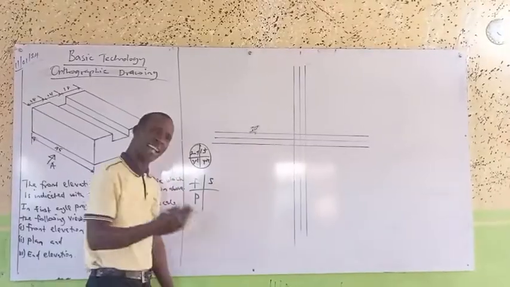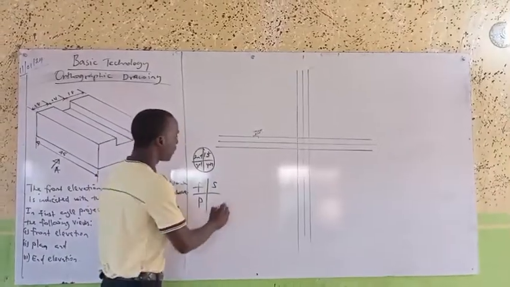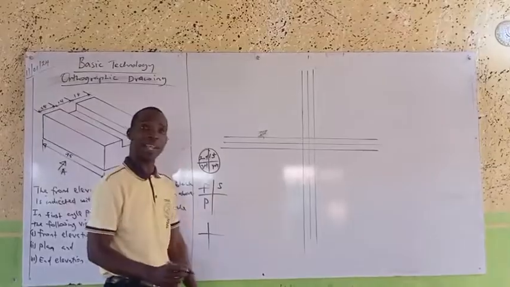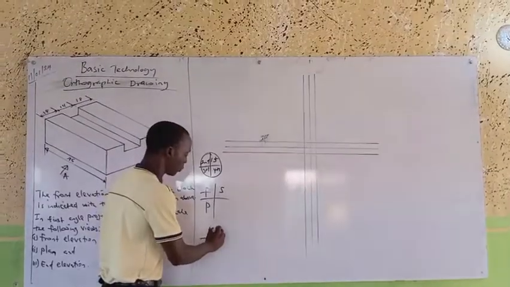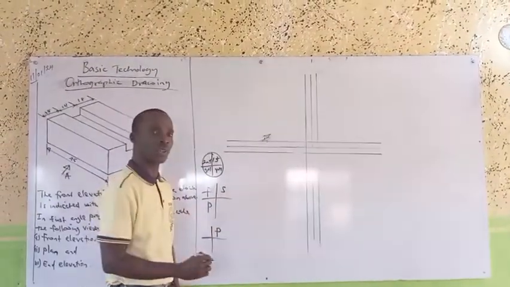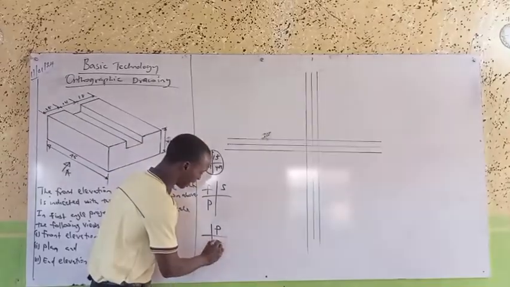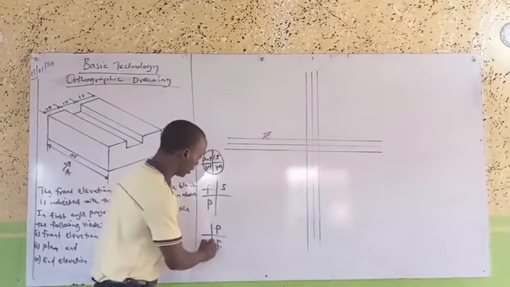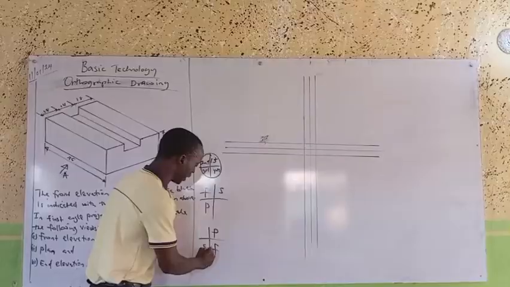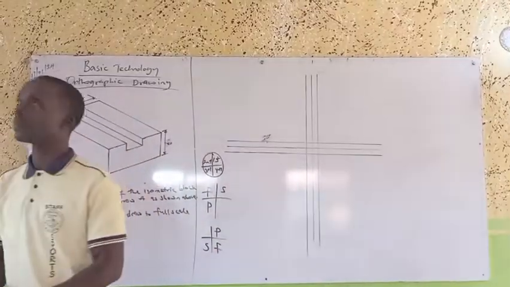Also, if it is third angle orthographic projection, the plan view is placed in the first quadrant, the front elevation is placed in the fourth quadrant, while the side elevation is usually placed in the third quadrant.